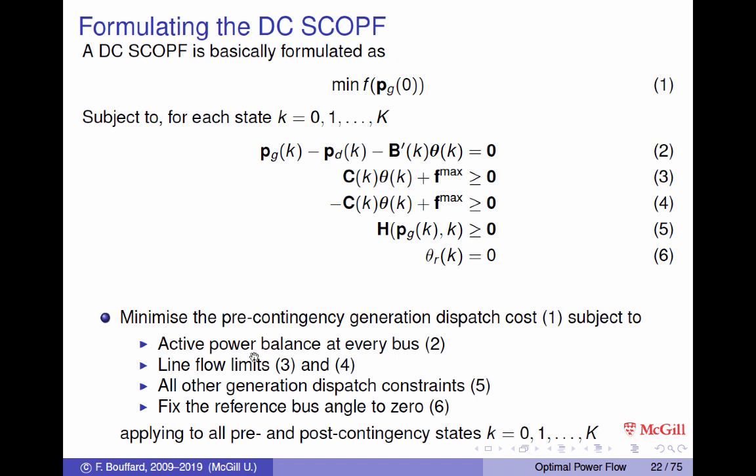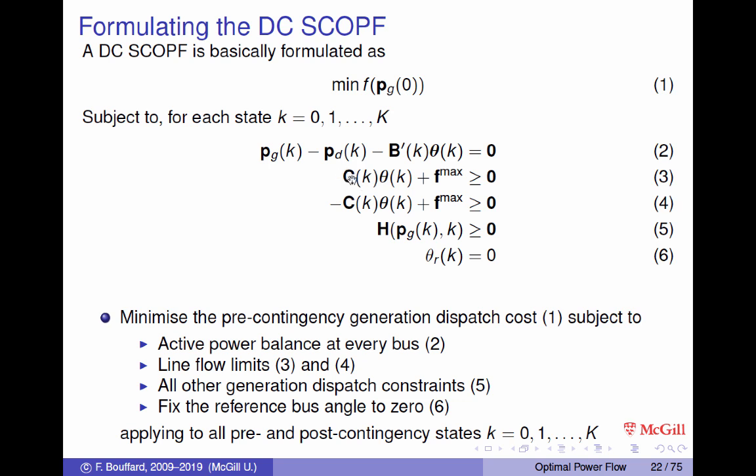So if we look at the SDOPF problem, it's formulated essentially in the same way. So minimize the cost in the 0th state, subject to the power balance in k equals 0 to capital K states. And here we have this C_k theta_k plus F_max minus C_k theta_k plus F_max greater than 0. So these here are the line flow limits.